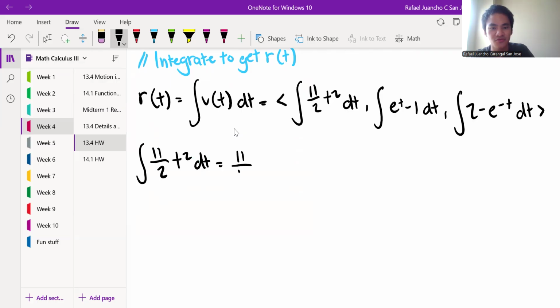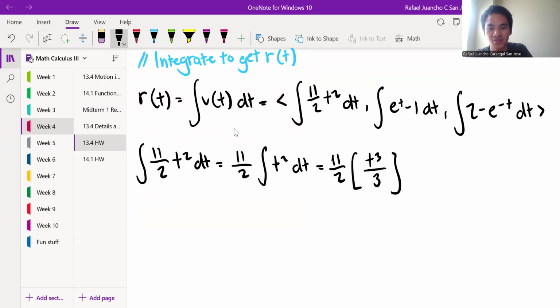Well, I can take out my 11 over 2. I can now take the antiderivative of this. So I got t cubed over 3 plus some constant. And then here I can just multiply. So I have 11t cubed over 6 plus c1.